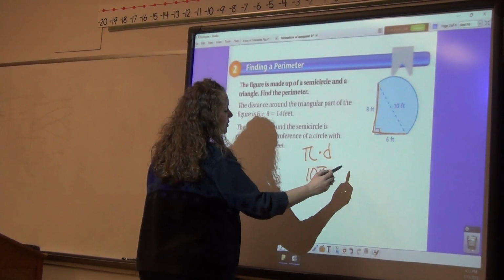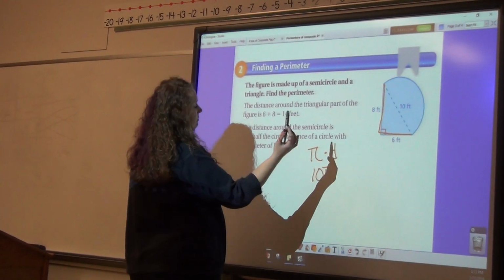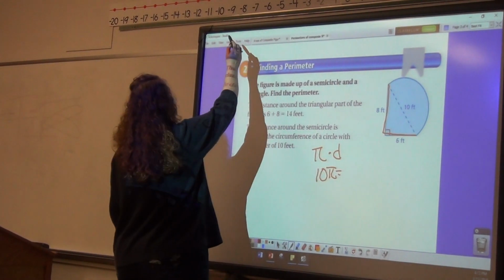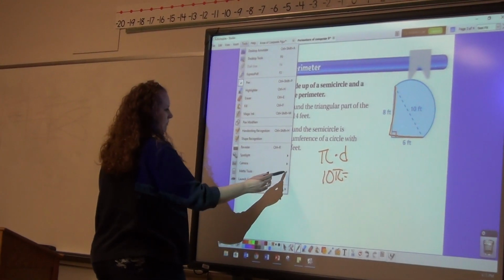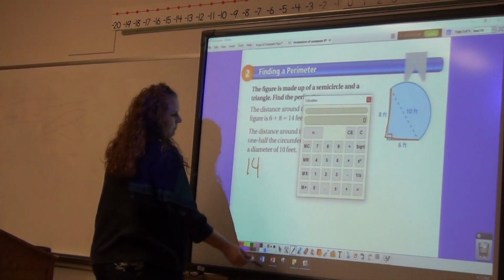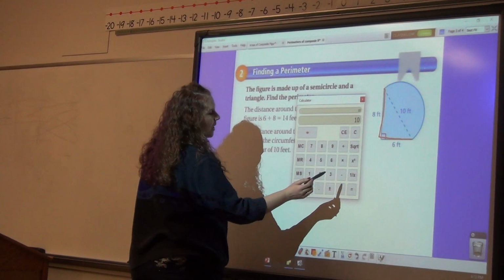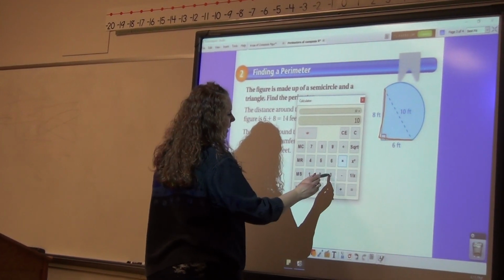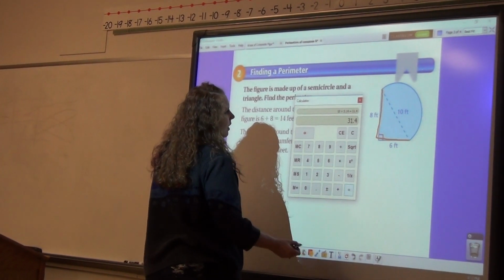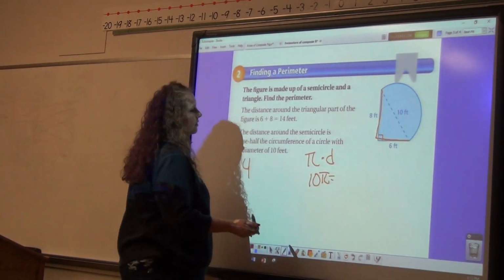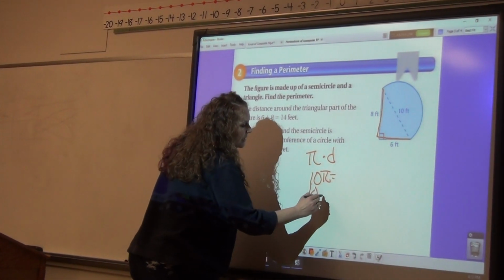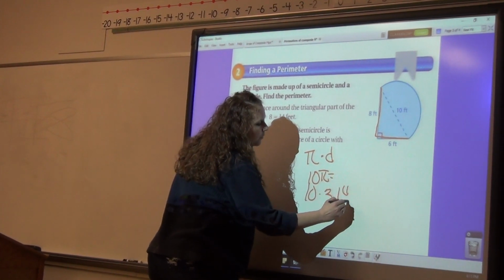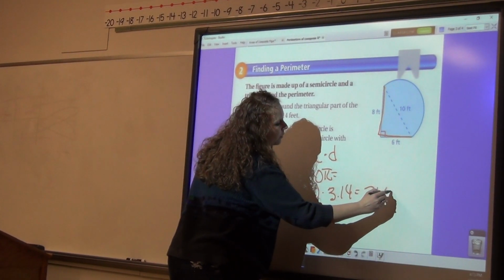So 10 pi, which equals, where's my calculator? Oh, I forgot pi wasn't on here. We're going to have to estimate pi to be 3.14. All right, so it's 31.4. I didn't know pi wasn't on there. I would have done that in my head. Sorry. So this is 10 times 3.14, which is 31.4.